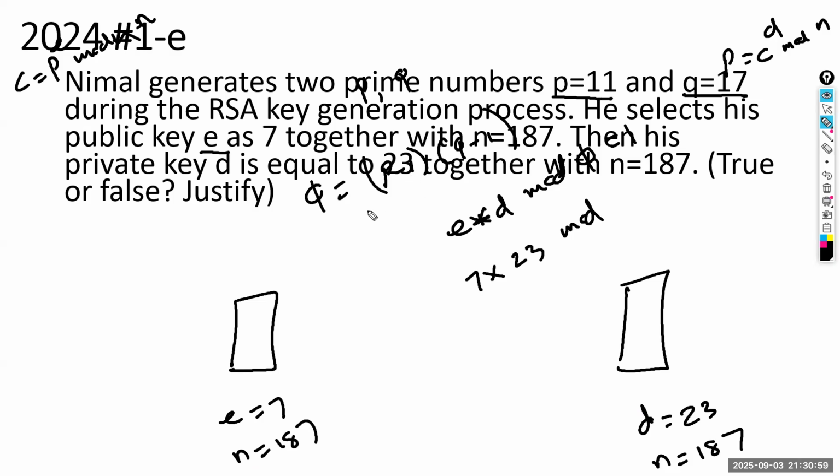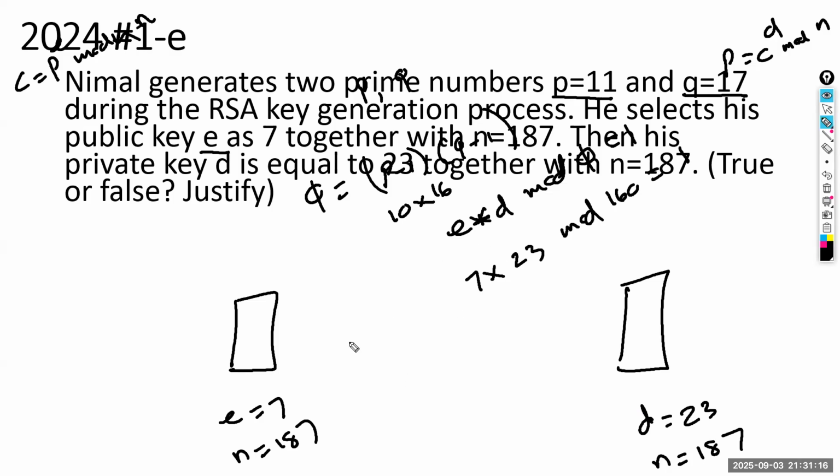P minus 1 is 10, 10 into Q minus 1, 16, that is 160. If this is 1, these values are correct. E and D values are correct.